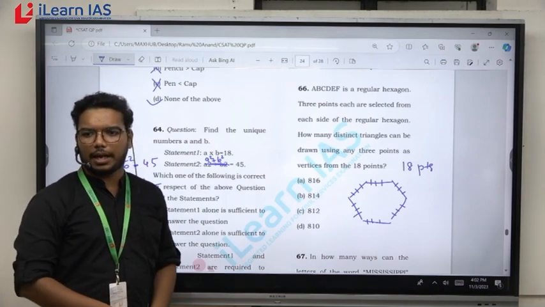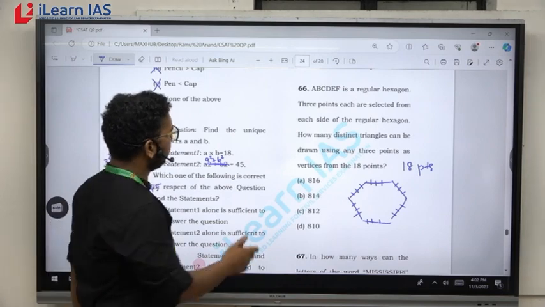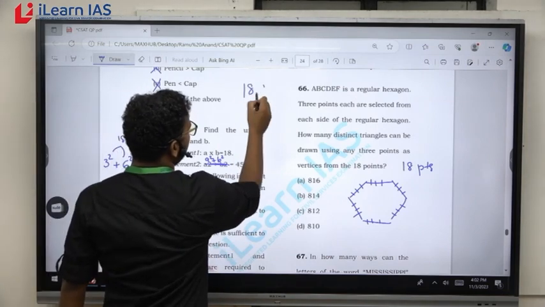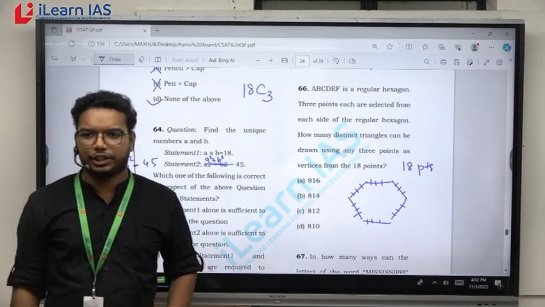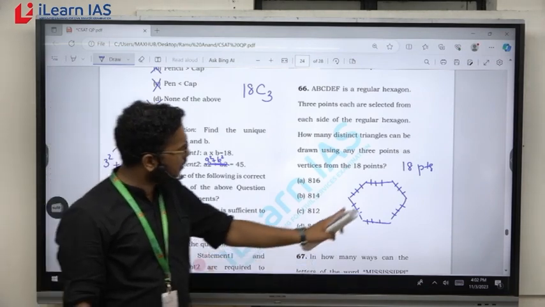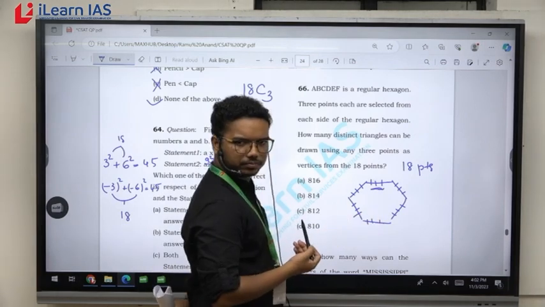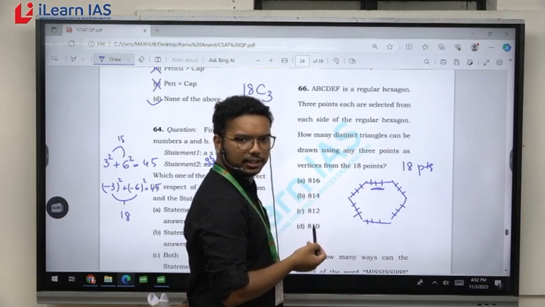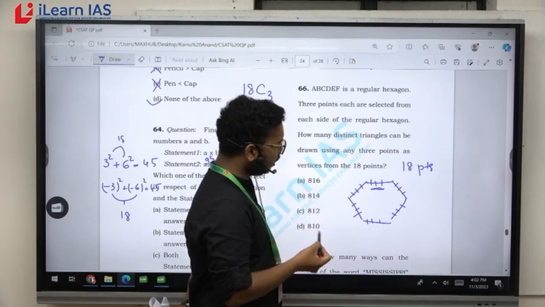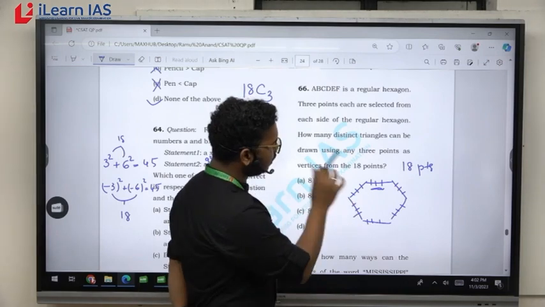One triangle can be formed using 3 points. So, it's 18 C 3. 18 നിന്നും 3 പോയിന്റ് സെലക്ട് ചെയ്തു. Now look at this peculiarity. ഇവിടെ 3 പോയിന്റ് ഉണ്ട്. ഈ 3 പോയിന്റിനെ സെലക്ട് ചെയ്താൽ നമുക്കൊരു ട്രയാങ്കിൾ കിട്ടില്ല. Because they are in a straight line. അങ്ങനെ how much such points are there?